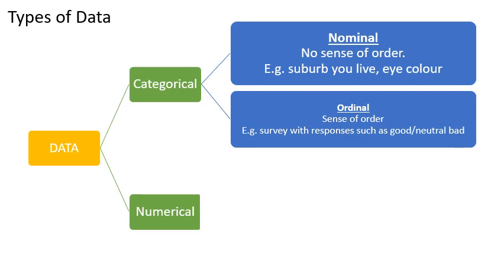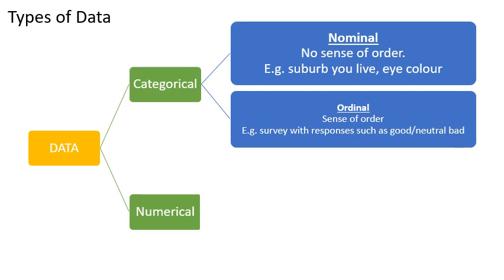On the other hand, with ordinal data you can in fact assign order. So you might have a survey, and you could ask a question like, what was your customer service experience like? And the options you might get are good, neutral, or bad.